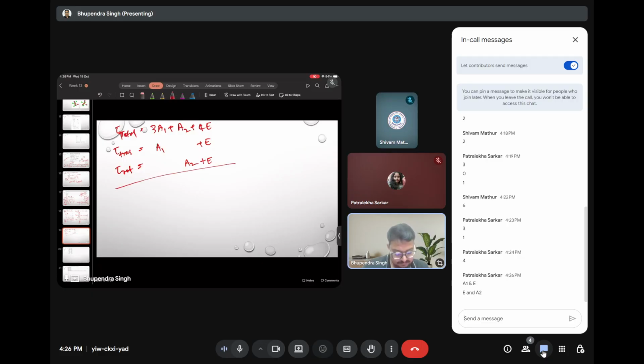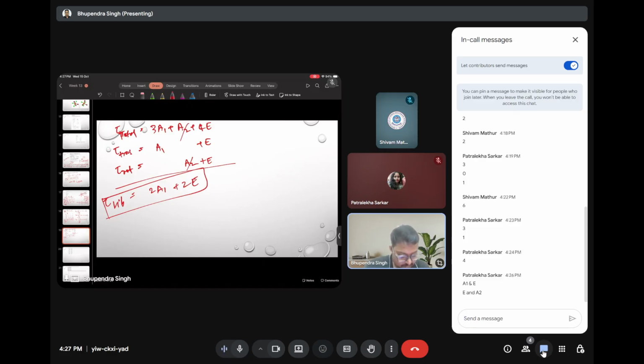So we have to subtract these translation and rotation from the total, then we will get tau vibrational: 2A1 and 2E, and the A2 will cancel out.